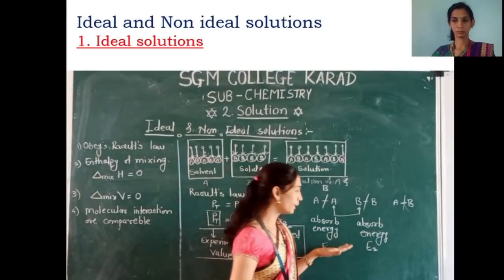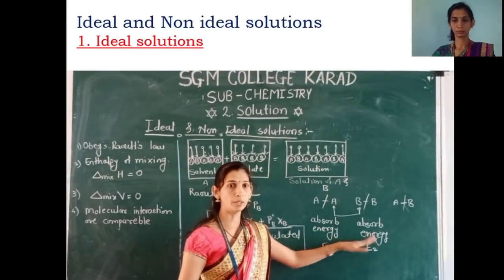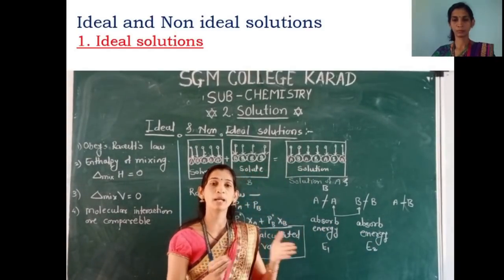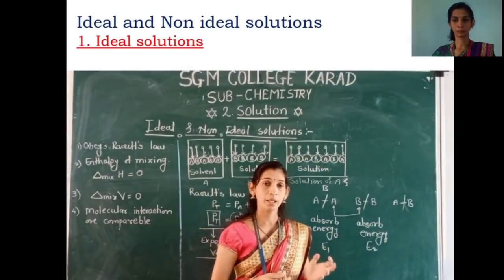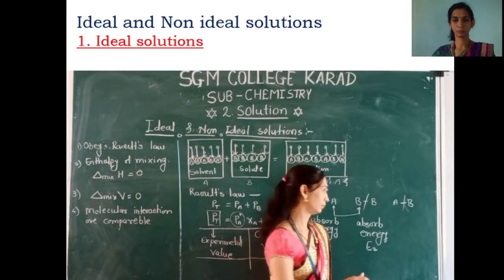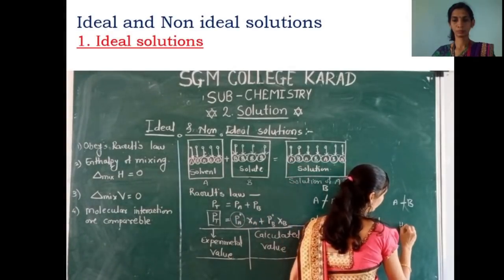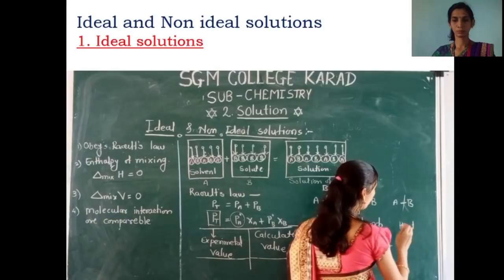In the case of the solute and solvent, they absorb energy for breaking the bond. But in the case of the solution, it will evolve heat. It will be given out.